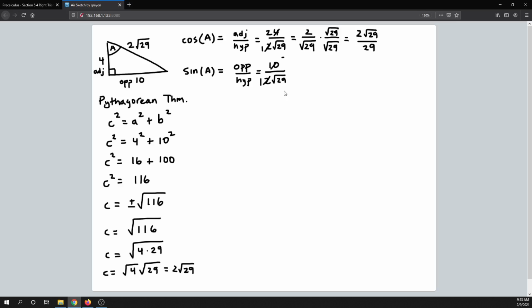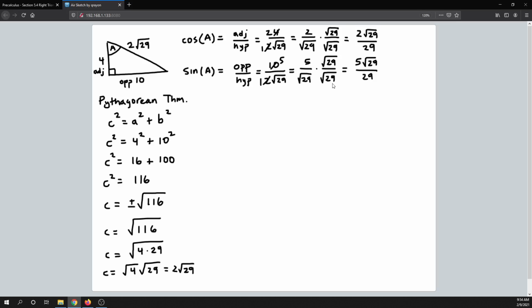So 2 goes into 2 once, it goes into 10 5 times. So I get 5 over square root 29. And then again, I don't want to leave a radical in the bottom part of this fraction, so I am going to multiply top and bottom by square root 29. So I get 5 square roots of 29 over 29 when I do that.